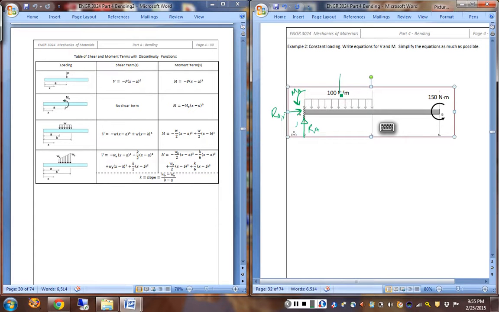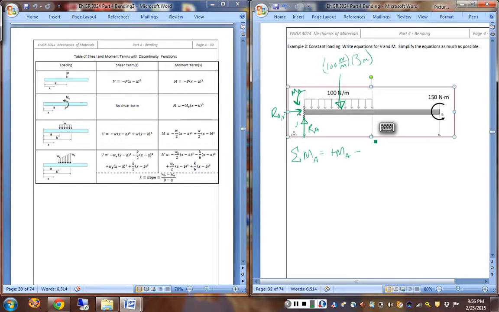We can consider the distributed load as a single equivalent force for doing our equilibrium equations. Starting with the sum of the moments about point A, we have the moment reaction, which is positive.